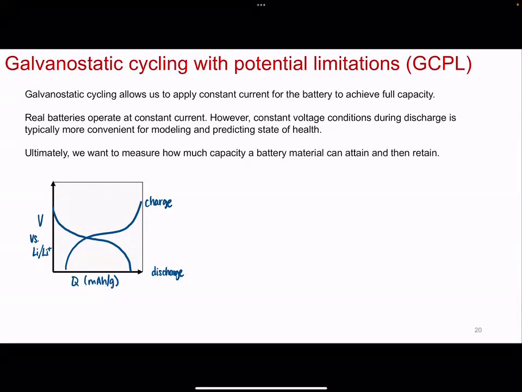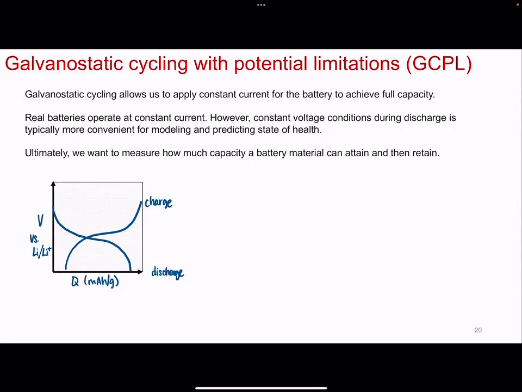Just a material within one cell. When you go to the battery pack system, when you have multiple cells in a stack and then multiple stacks in a whole module, and then you put the whole module into, let's say, an electric vehicle or whatever their end use is, it's easier sometimes to predict, based on constant voltage, how much charge a system has left. So you design your measurement for what you need out.